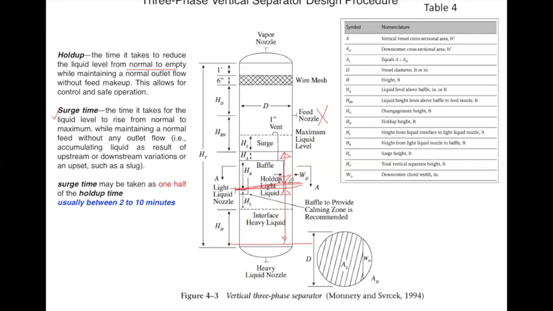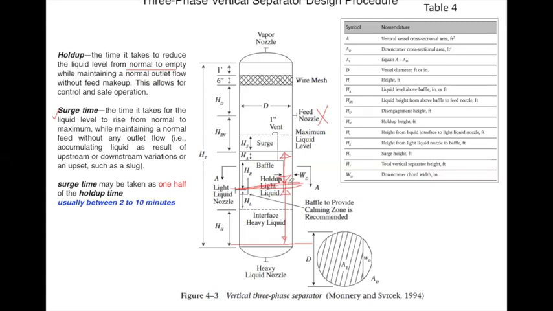These are the two important times which must always be taken care of before designing, because the hold up time will decide the feed to the next processing unit, and it always gives you a window: if somehow the feed is not maintained, how much time do you have to do the maintenance task.